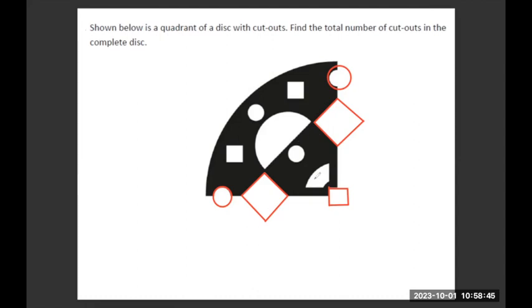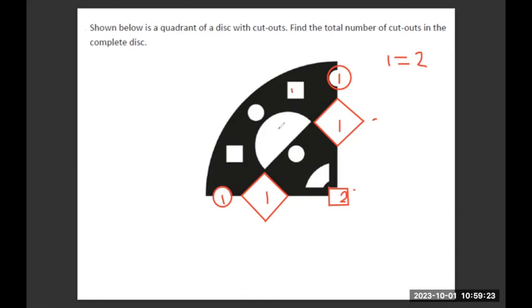In this case, if you observe, I'm just writing the cutouts. 1, 1, 1, 1. Whatever cutouts where I've written 1, they will be repeating only twice. So 4 cutouts will be repeating 2 times because I will be repeating them. And the center cutout, number 2, that cutout will be repeating only once. Now all of the remaining cutouts will be repeating 4 times.